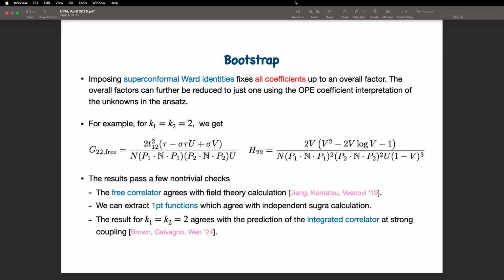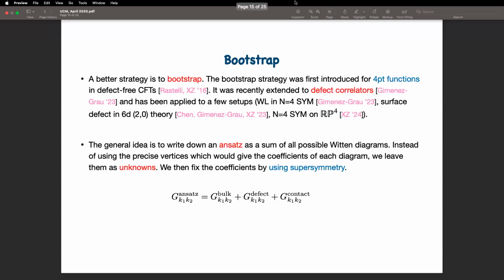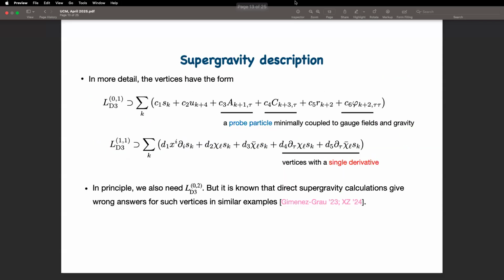Another check is that once we've computed these two-point functions, we can go back to look at these bulk exchange Witten diagrams, and their coefficients give you a one-point function times a three-point function, and the three-point functions were already known almost 30 years ago. But these one-point functions can also be honestly computed from these vertices, right?